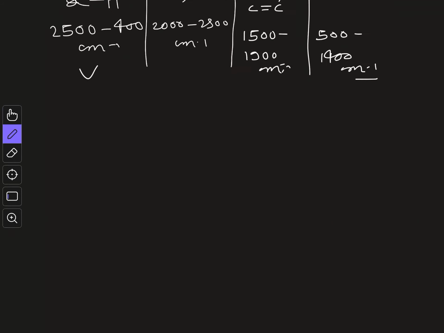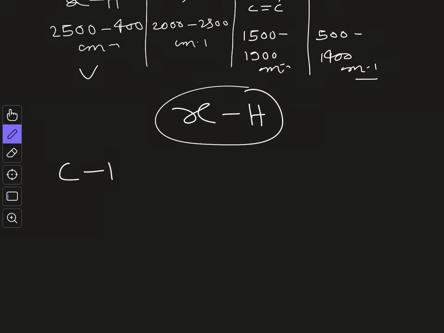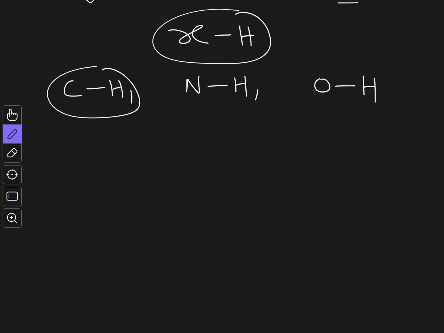So first let us talk about the X-H region. In the X-H region we have 3 bonds: the C-H bond, the N-H bond and the O-H bond. First let us talk about the C-H bond. We showed that for all these, hydrogen is there, and because of that the reduced mass of all these groups is very low and they vary very little.